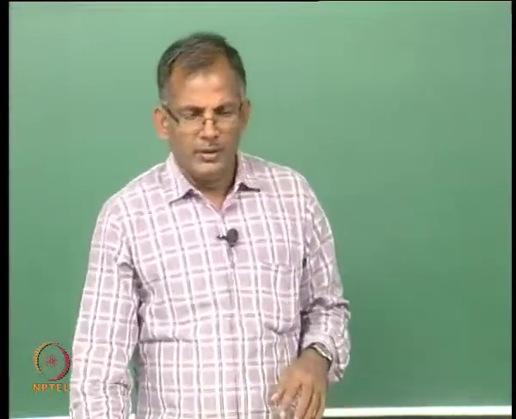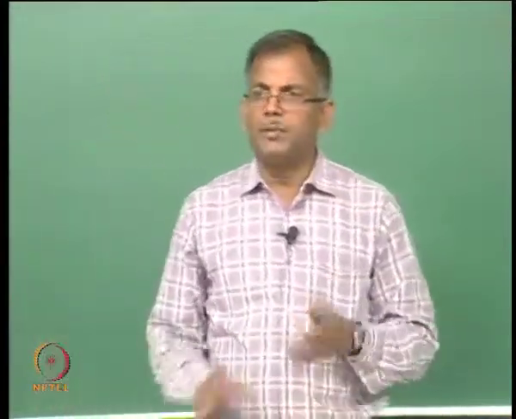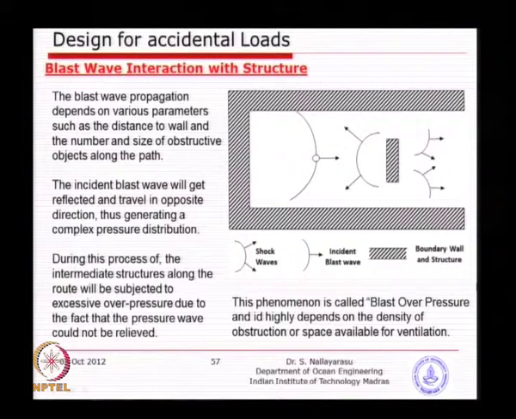How the blast wave interacts with the structures depends on the type of obstruction and the enclosure that you have. Similar to shock waves, with surface waves in our wave basin the incident waves and the reflected waves interact, and the effect increases further.